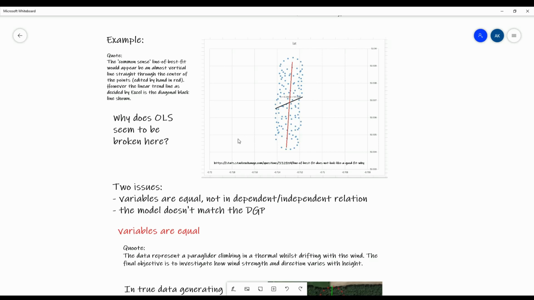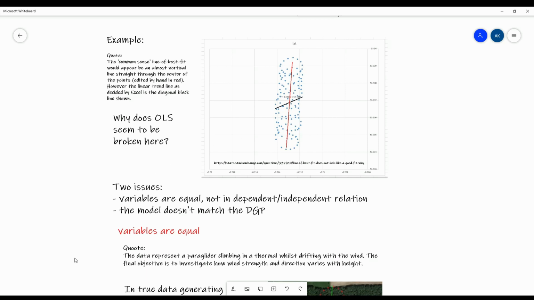The problem was that the variables on the horizontal and vertical axis were entering the regression on equal terms, while the regression assumes that one of them is a function of another, right? There's independent and dependent. And I think that's why the regression was producing a strange result, while if you treated the variables as equal, then maybe you would have gotten a better result.